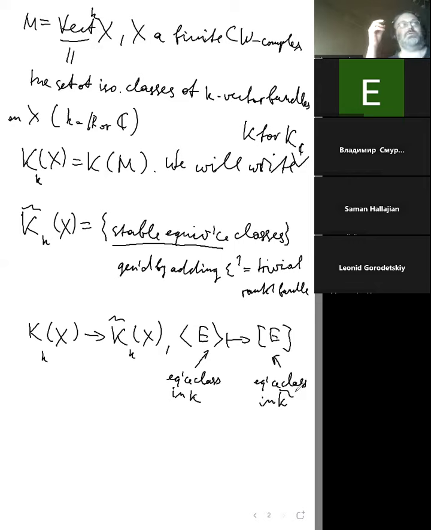Well, this map is pretty straightforward. We just take a vector bundle with respect to one equivalence relation to the same vector bundle with respect to the other equivalence relation. Now, using the universal property of K without the tilde, we get a well-defined map of abelian groups.